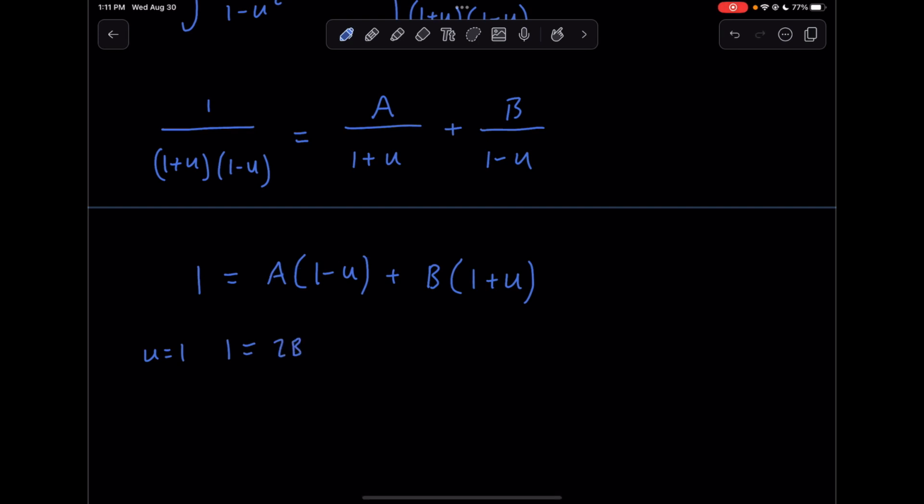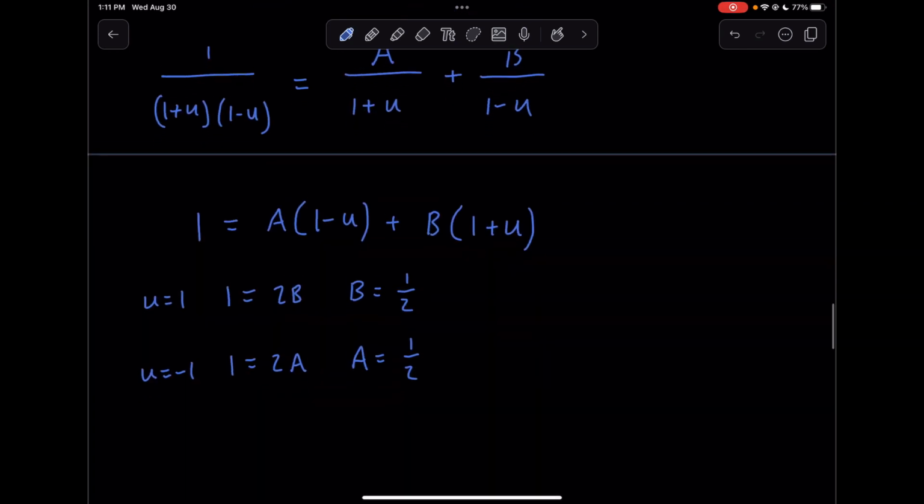So b is 1/2. And we can set u equal to -1 to solve for a. So 1 equals, this time this will become 0, and 1 minus -1 is 2, so that's 2a. And a is 1/2 as well.